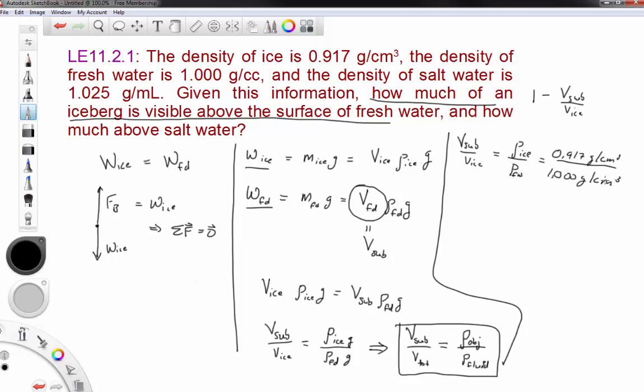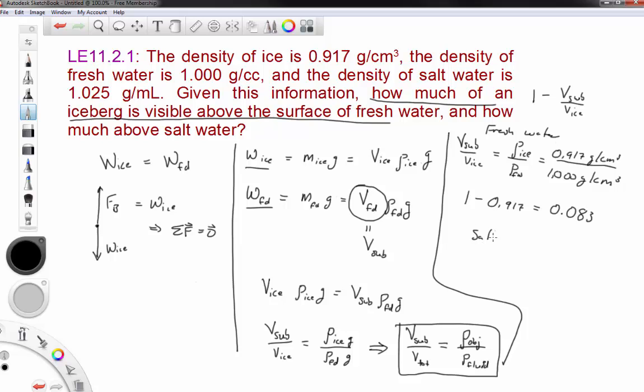And so if we wanted to get the percent visible, we'd do 1 minus 0.917, which is 0.083. So in other words, 8.3% is visible and 91.7% is invisible. This is for fresh water.